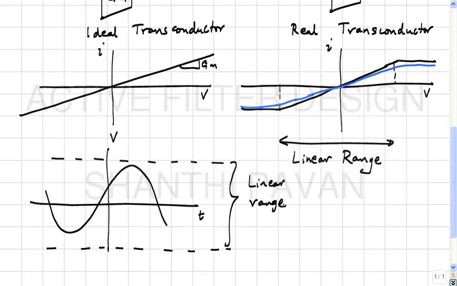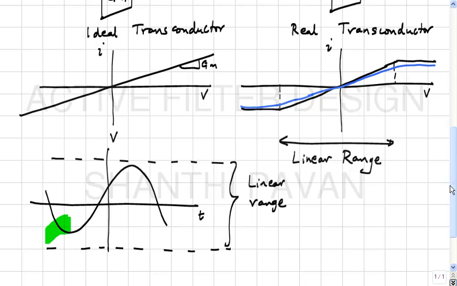Please assume that this fellow here is a sinusoid. Okay. If this is the case, what comment can you make about the shape of the current waveform coming out? It's also a sinusoid at the same frequency and the same phase and all this other stuff.